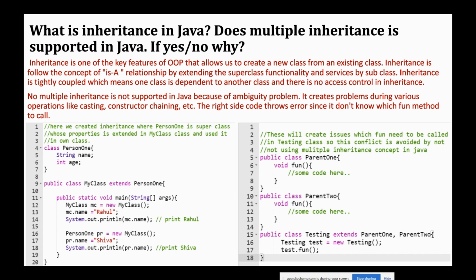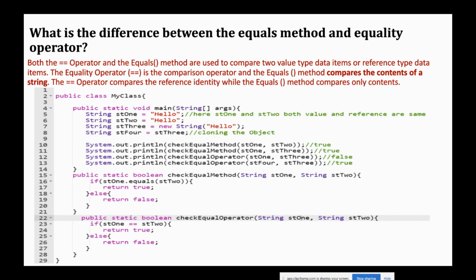Which fun method needs to be called from which parent class? This is how multiple inheritance is not supported, but multiple inheritance can be achieved by implementing different interfaces.